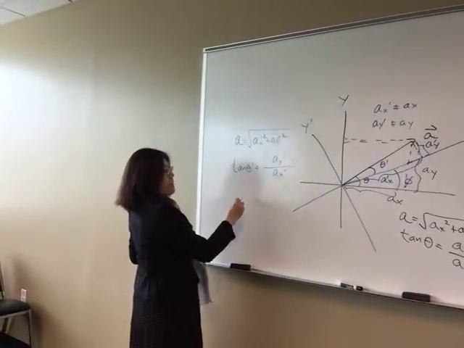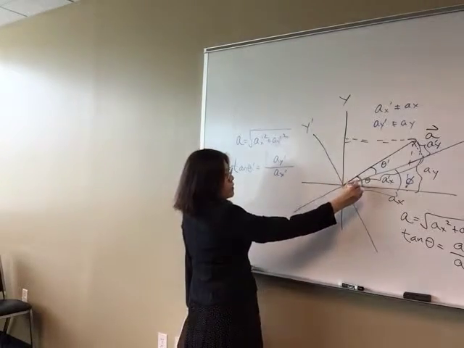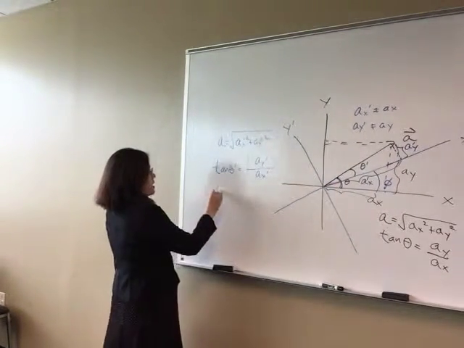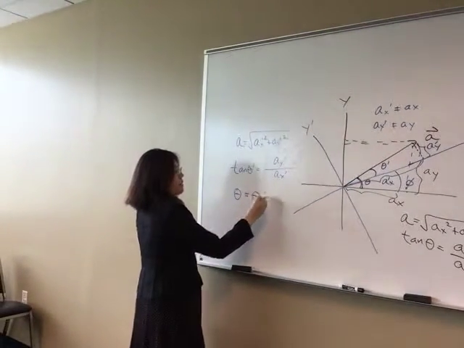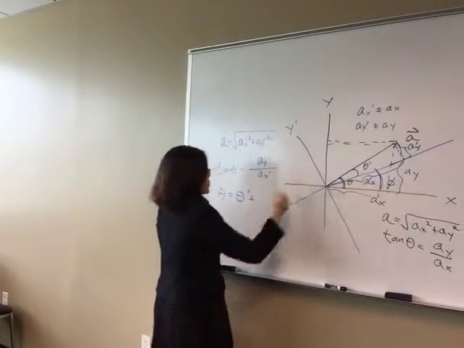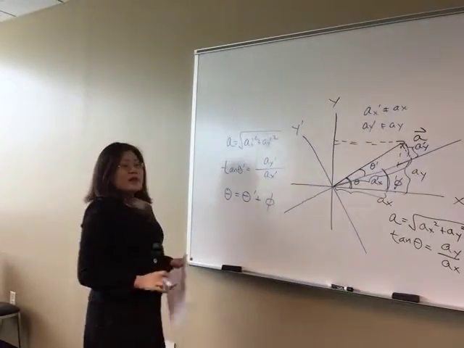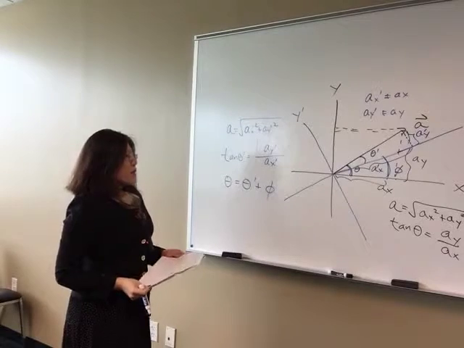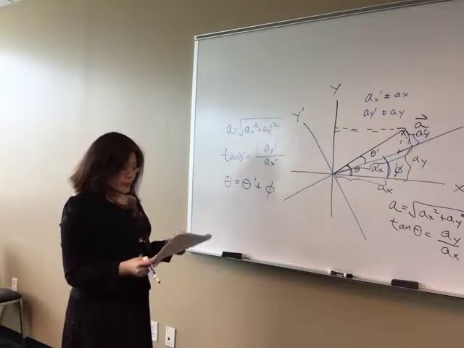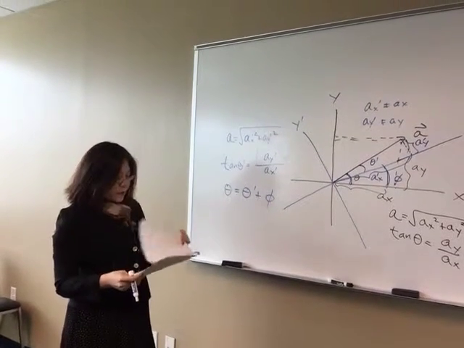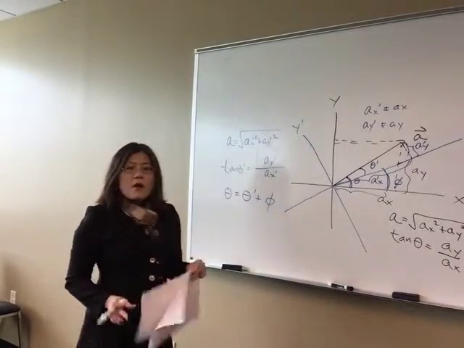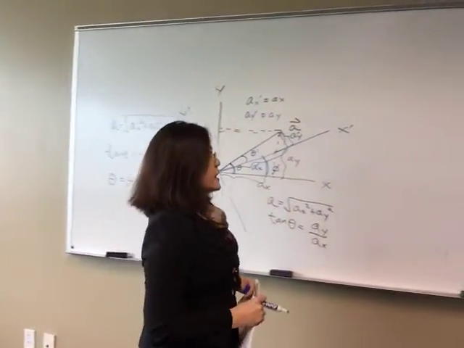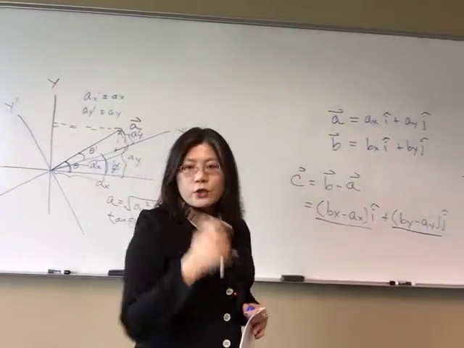So you have your theta, which is this from the old system. So theta is equal to theta prime plus the difference between them. That's how you relate these two coordinate systems, the new system and the old system. Okay. All right.